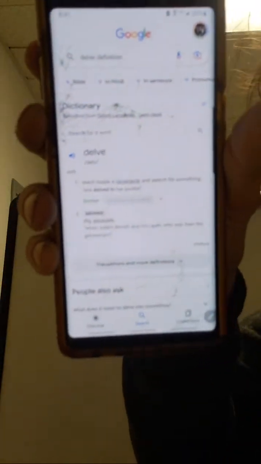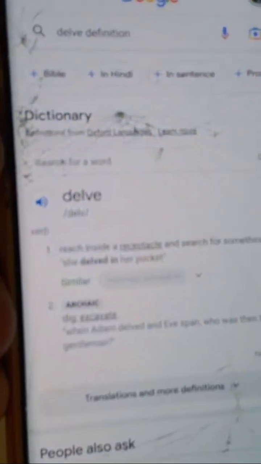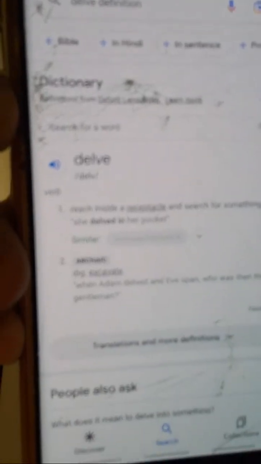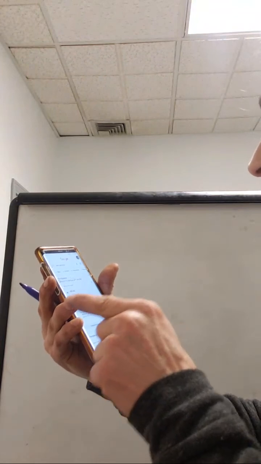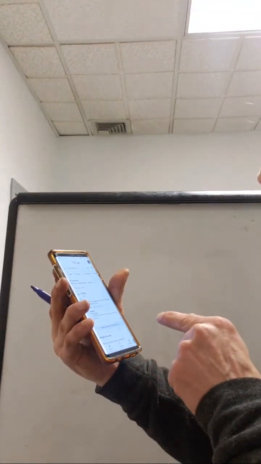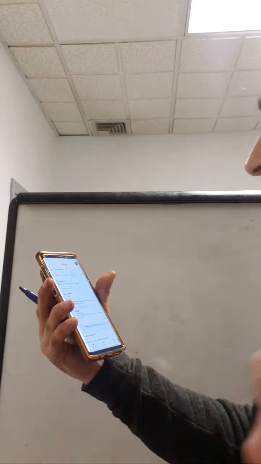Number 2, under archaic, which is another A. Can you read that? Look it up yourself. It's worth it. Archaic, the second definition. It says, when Adam delved and Eve span, who was then the gentleman. So this is under Wikipedia, or dictionary.com. It's what comes up under Google. So when you look at that, they use an Adam and Eve reference.